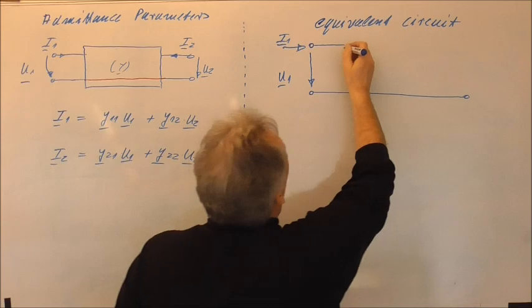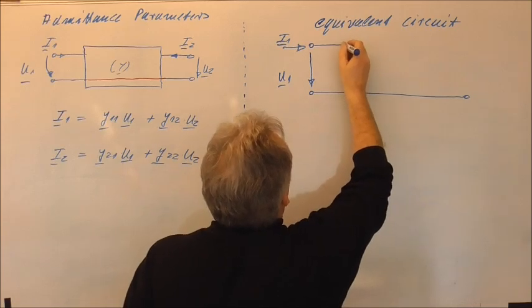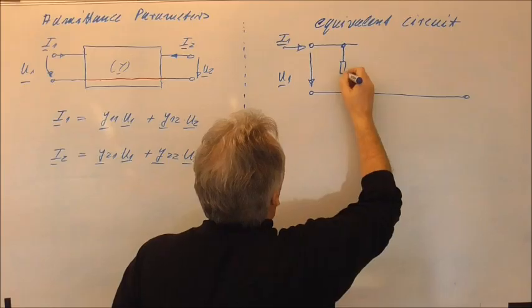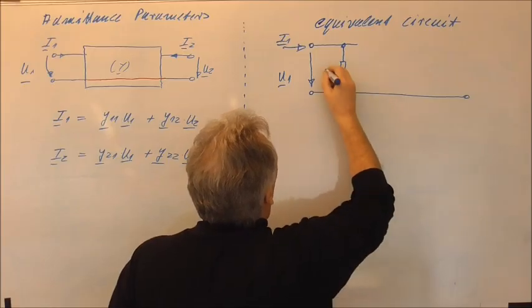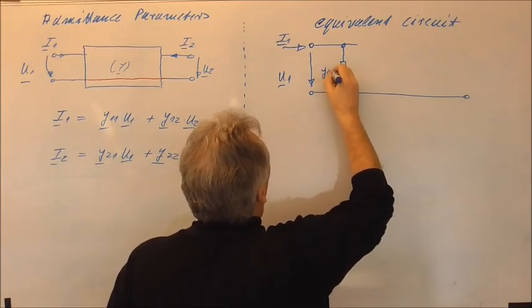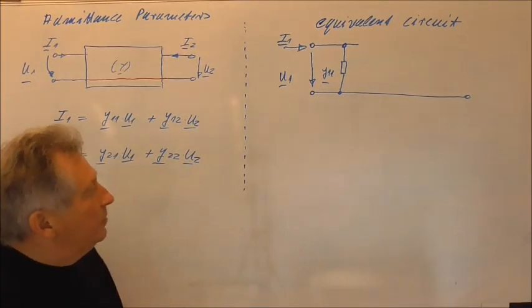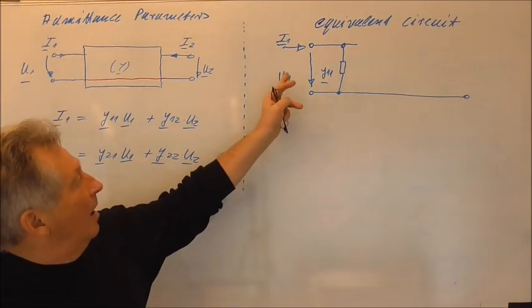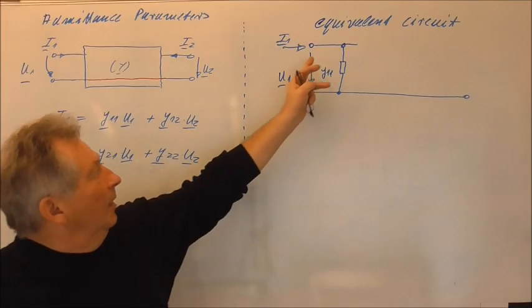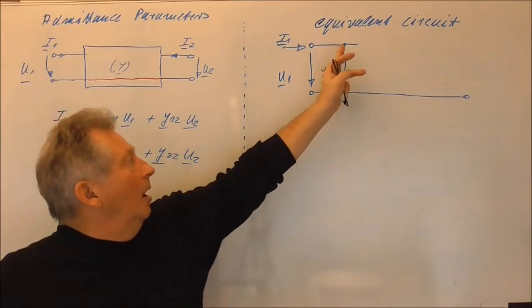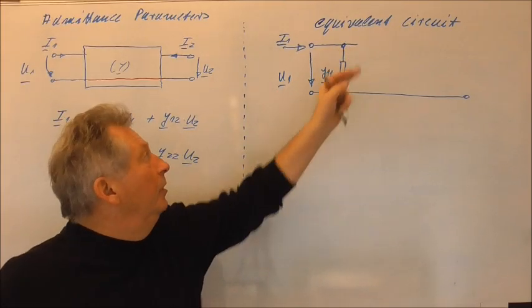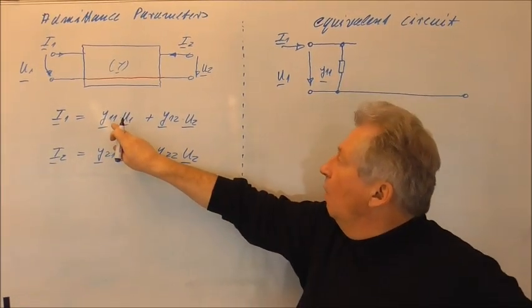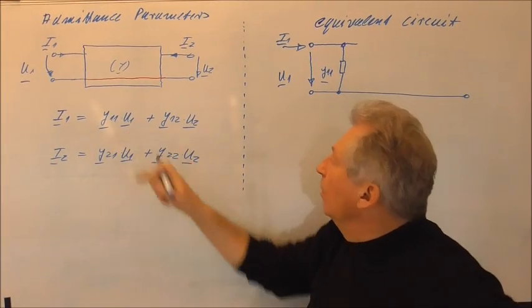So we can assume that this element in the input we call Y11, and it's the short circuit input admittance. So as soon as we have a voltage U1, then through this element will flow a current which will be equivalent to Y11 times U1.